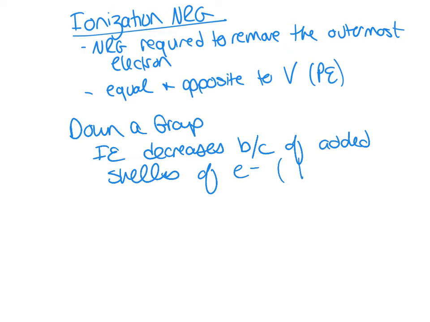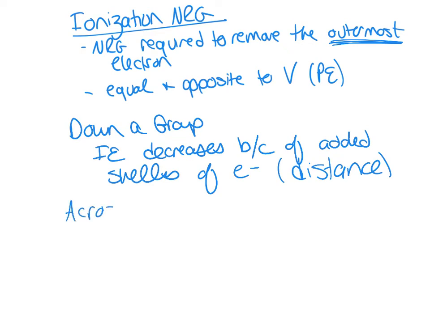This is distance. This is the distance part of Coulomb's law. Your effective nuclear charge is the same. It's plus 1 in group 1. It's plus 2 in group 2, okay? Your effective nuclear charge is the same, but your ionization energy is going to decrease because that outermost electron is getting further and further from the nucleus. So Coulomb's law says that your force is going to decrease.